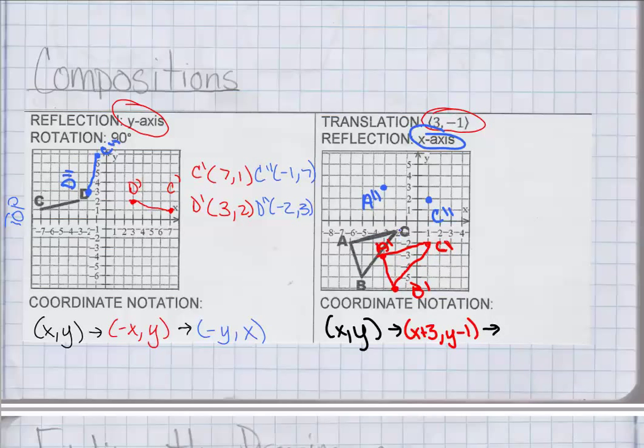And then B is 6 below, so it will be 6 above. And then connect the dots. And x-axis reflections negate your y's.